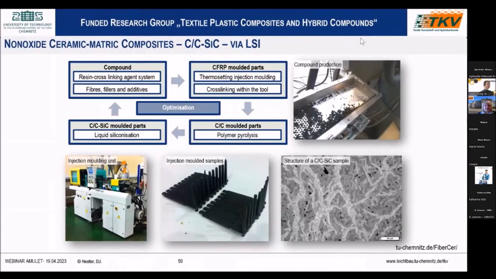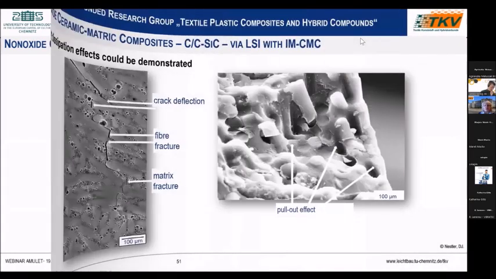And if you see here, the compounding process has been redesigned to achieve longer fibers for fracture toughness. And in the microstructure picture, you can see the degree of siliconization achieved, which makes us very optimistic for the future.